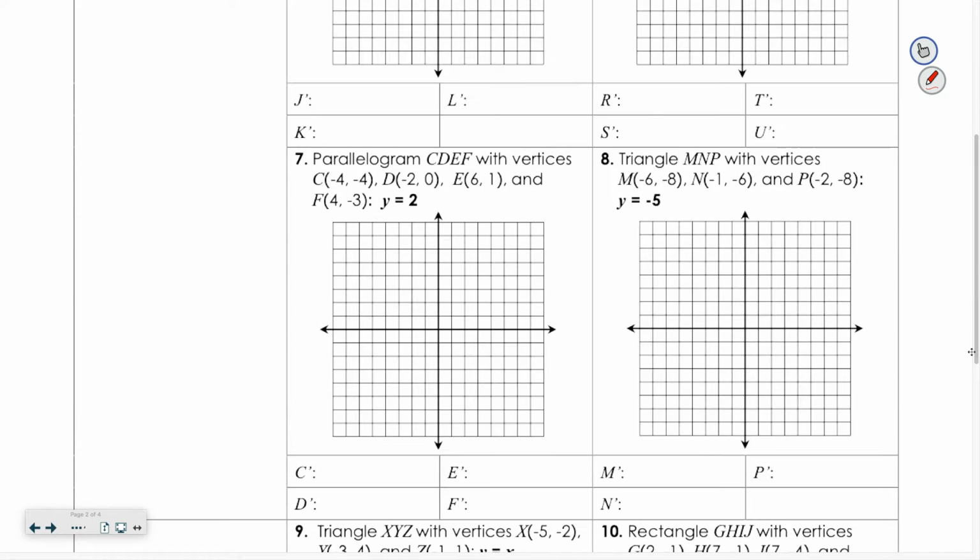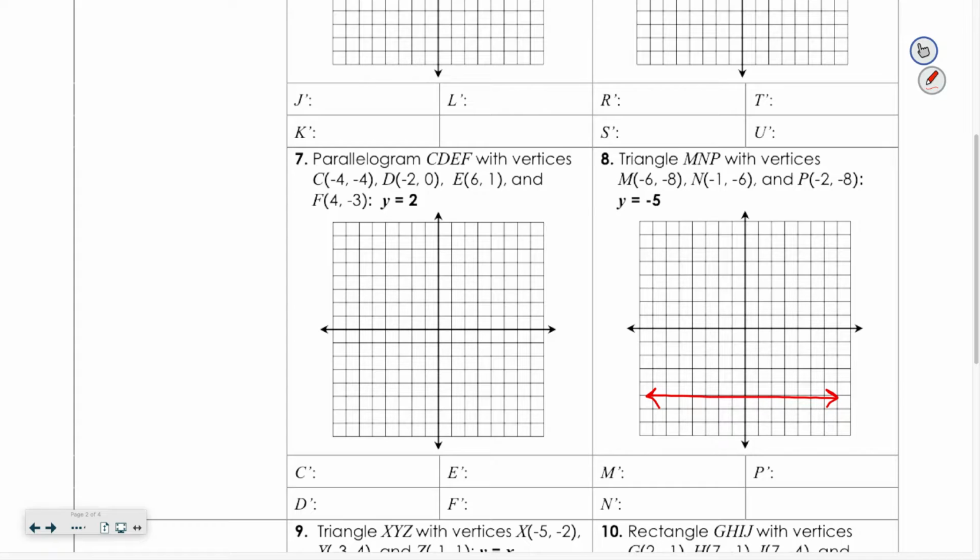Number 8 is reflecting over the line y equals negative 5. Is the line y equals negative 5 horizontal or vertical? Horizontal. So we're going to graph the triangle, but we're also going to graph 1, 2, 3, 4, 5, and we're going to draw this horizontal line that we're going to reflect over.